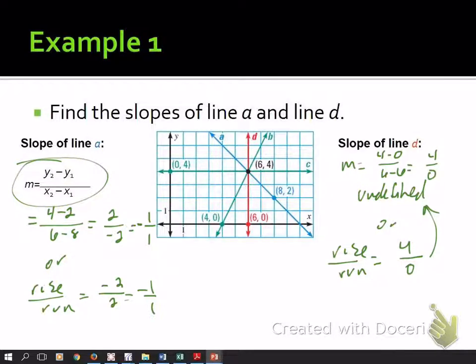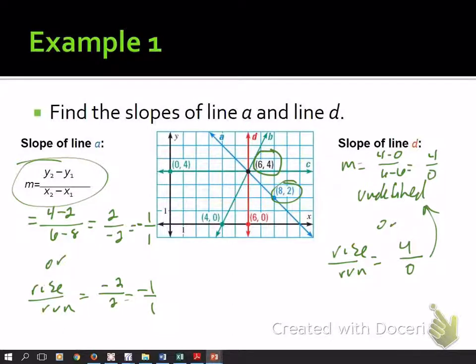Now I mentioned before, it doesn't matter which way you go as long as your x's and y's go the same way. So I chose this to be my x2 and y2. That's why you have a 4 in the numerator here and a 6 in the denominator here. I chose this guy as my point number 1, which is why you have a 2 in the numerator here and an 8 in the denominator there.